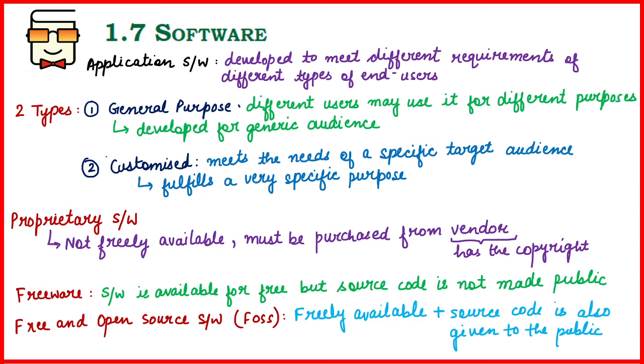Proprietary software, freeware, and FOSS are three kinds of software that may apply to any categorization like system software, application software, or programming tools. Proprietary is neither freely available nor is its source code made open to the public.